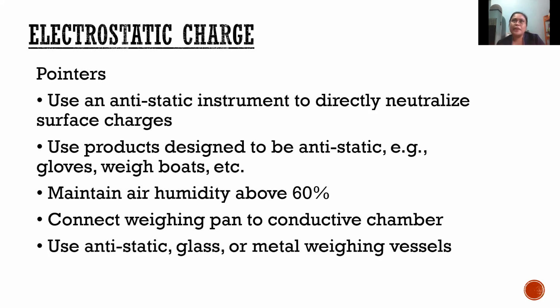Basig mogamit ka og aluminum, naay charge na siya, maka-cause og friction with your sample, and ang consequence ana is variation sa imuhang result. So aside from that, we have to maintain the air humidity above 60% para to keep the charges neutral.